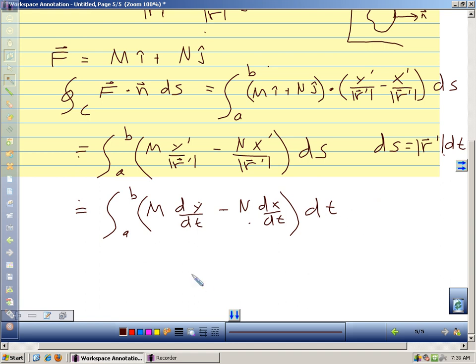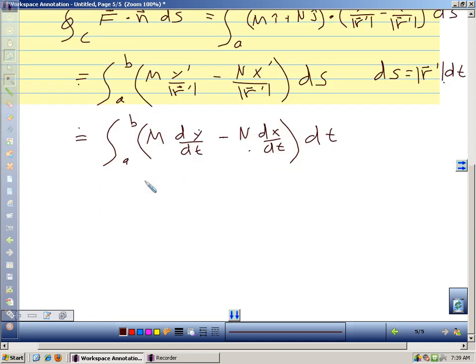And this is equal to, finally, we're getting to our result, the line integral around a curve of minus N dx plus M dy.